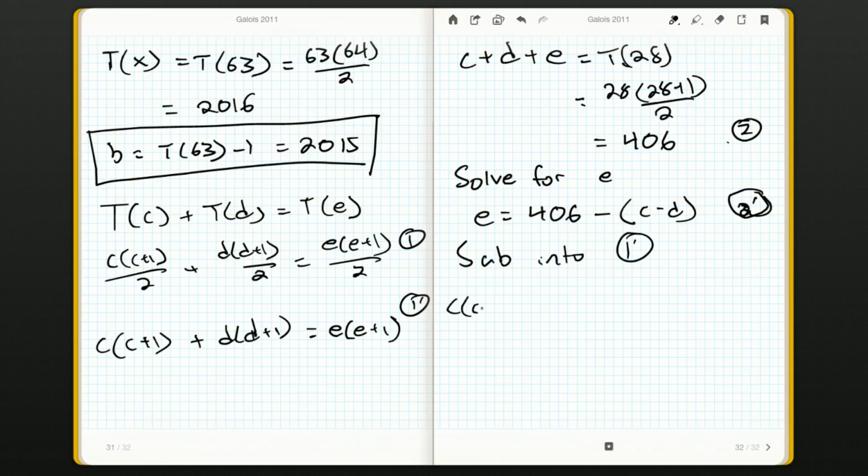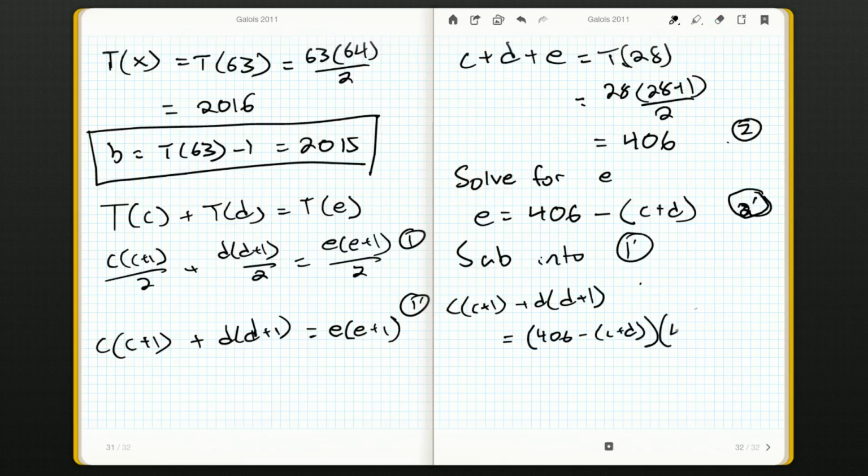So c times (c plus 1) plus d times (d plus 1) is equal to (406 minus (c plus d)) times, oh, here comes 407. I'm going to write this on another line. (406 minus (c plus d)) times (406 minus (c plus d) plus 1).